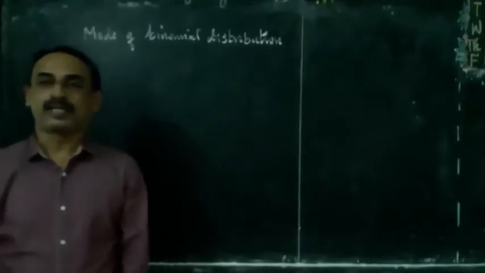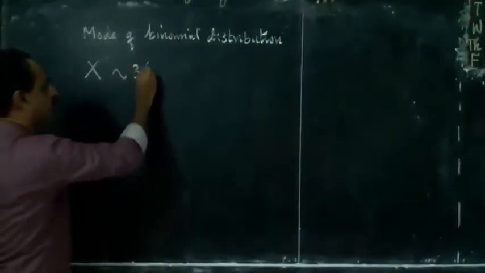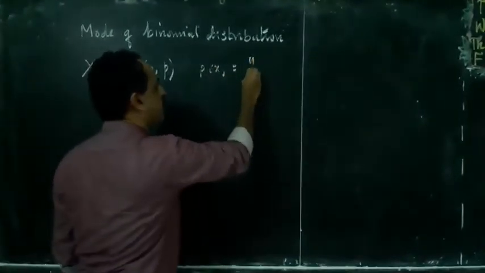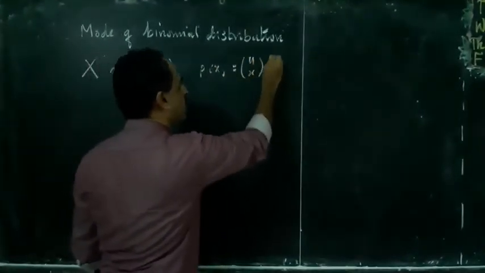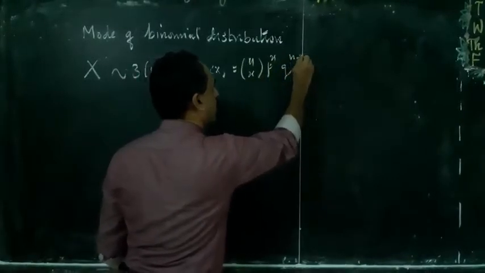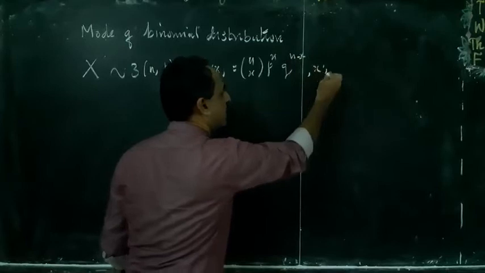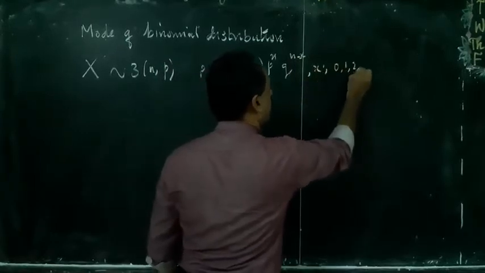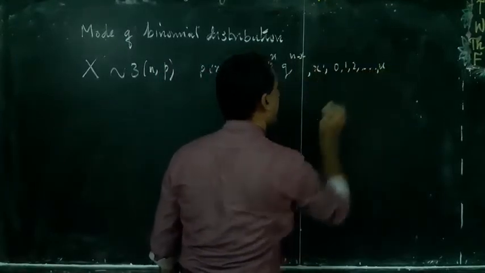Now, suppose that the variable x has binomial distribution, that is x follows B(n, p). Therefore, its probability mass function is given by P of x equals nCx p raised to x q raised to n minus x, and x values are 0, 1, 2, etc., n.